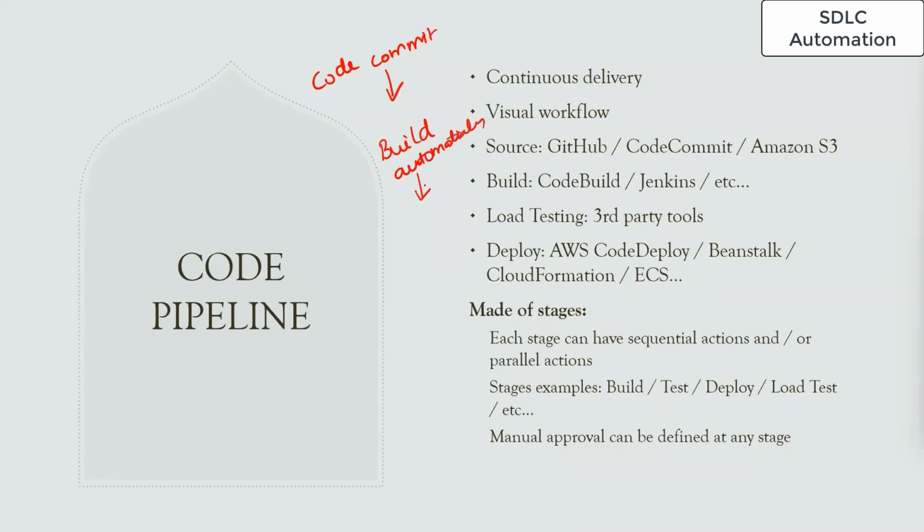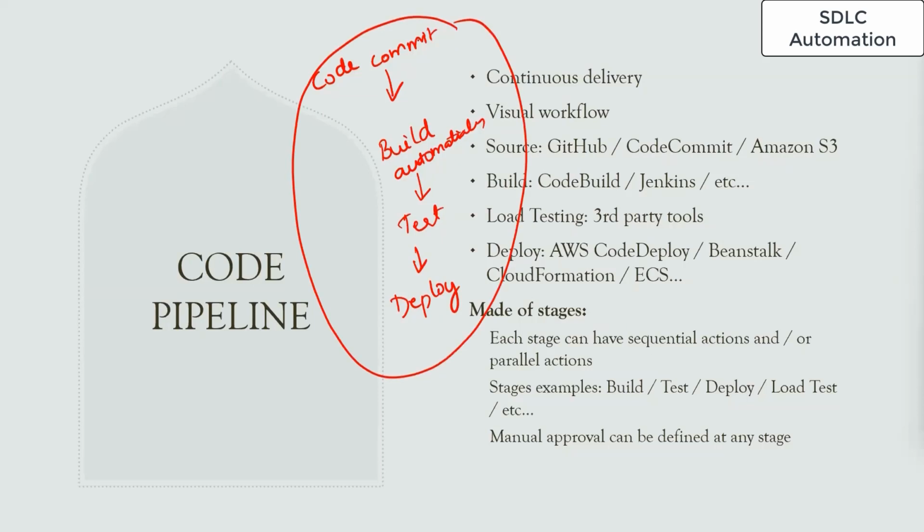Once it is built, I want to test it. And once I test it, if the test is successful, I want to deploy it. We call this series of orchestrated steps a pipeline, and we can orchestrate it together with the help of AWS CodePipeline.